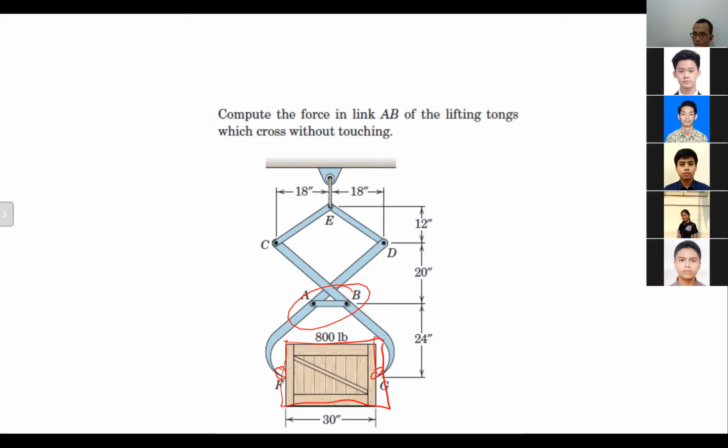That is why in frames and machines we find the two force members first: we simplify by replacing each member with an external force at the same direction as the member. Correct? Yes.